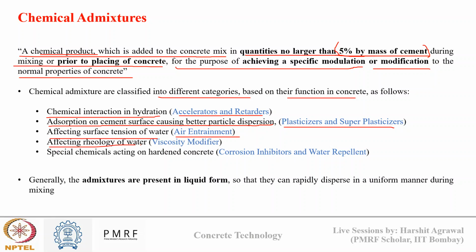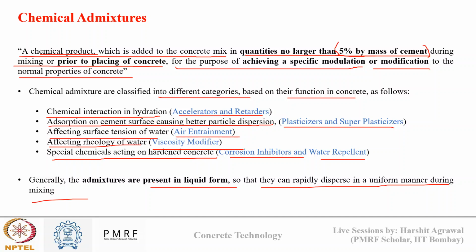They can affect the rheology of water, which are known as viscosity modifiers. And there are special chemicals acting on hardened concrete, like corrosion inhibitors and water repellents. Generally, all these categories of admixtures are present in liquid form, so that they can rapidly disperse in a uniform manner during mixing. Most cases will be liquid form.